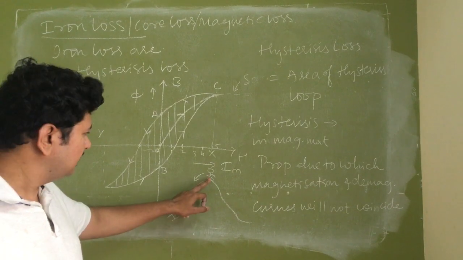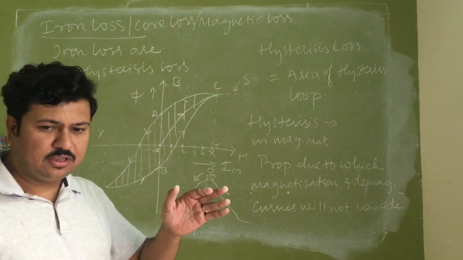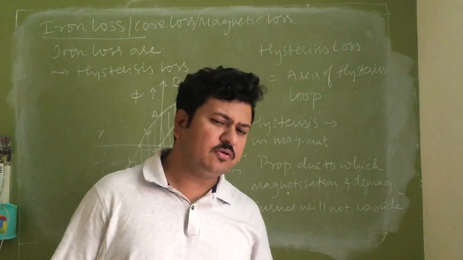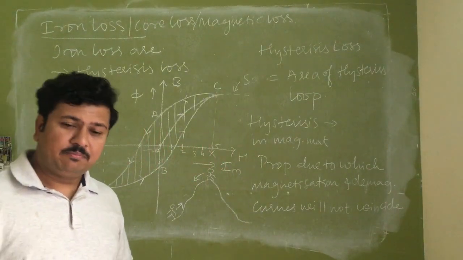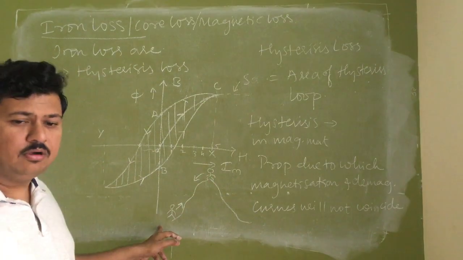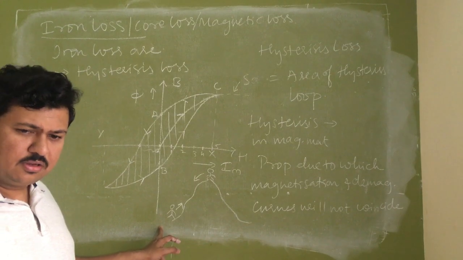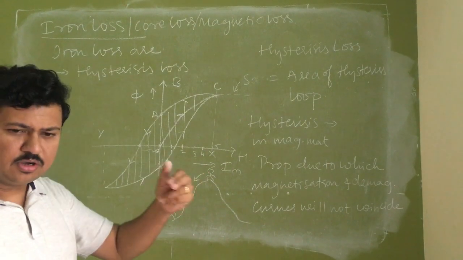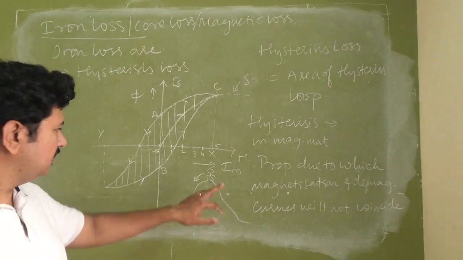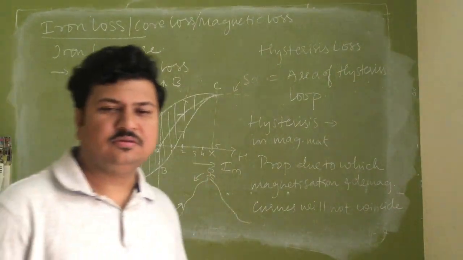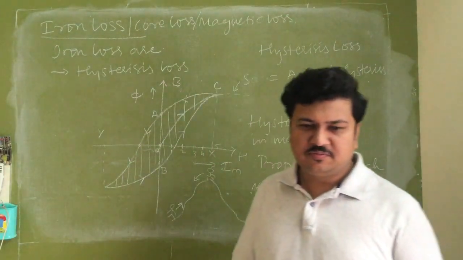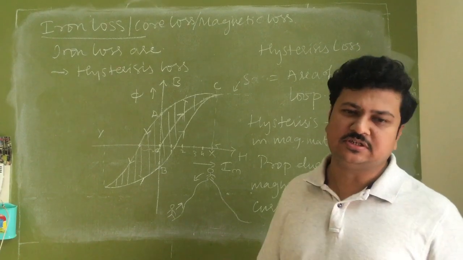To roll from top to bottom, I don't need much energy; very little is required. But even when he is coming down the slope, considering the same amount of time or whatever the conditions, it is not true that this person will gain energy. So this property or phenomenon is called hysteresis.